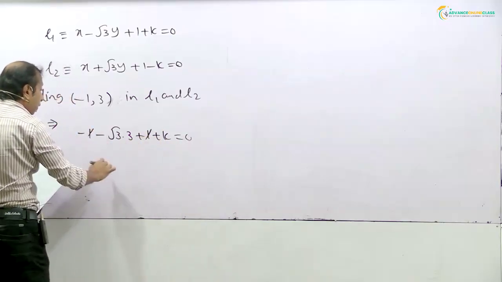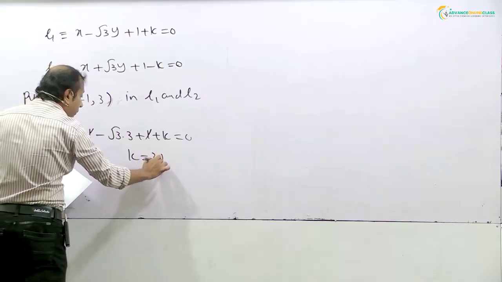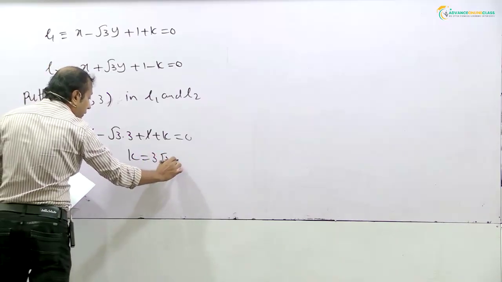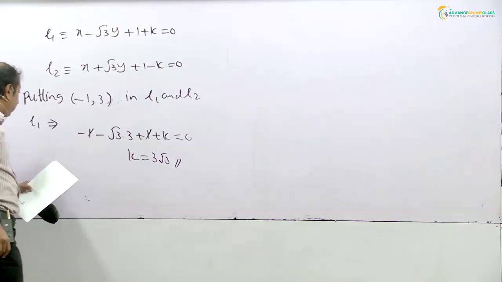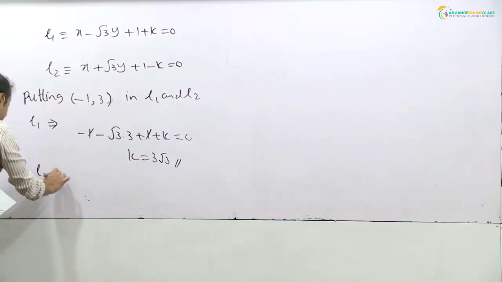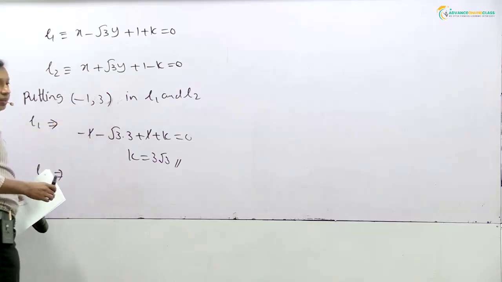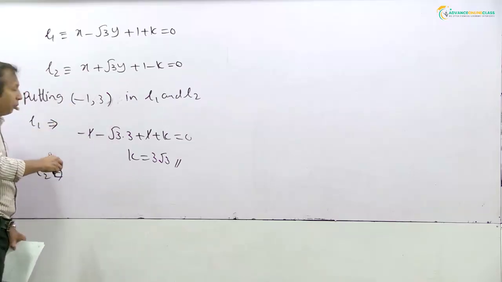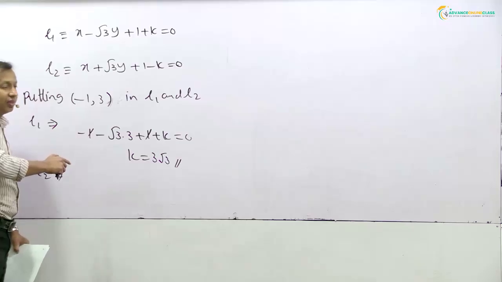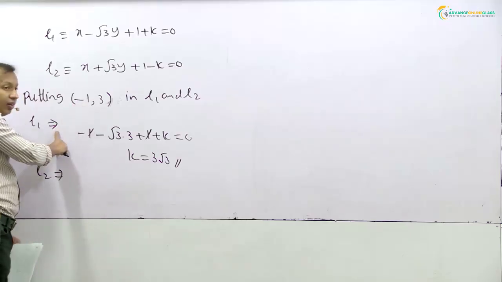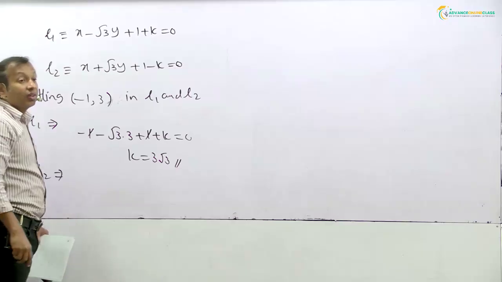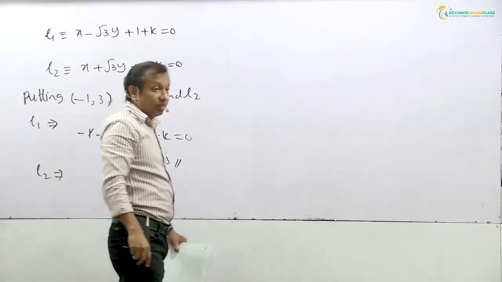This and this we can cancel down. k equals 3 root 3. Okay. L2. Right. Actually, now when you put (-1, 3) only in this L1 and take in this case 3 root 3, it is incomplete. Reason?